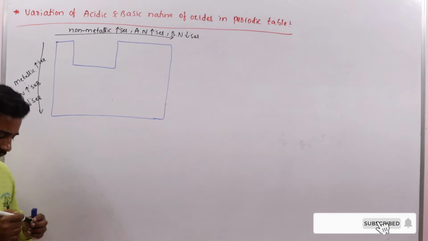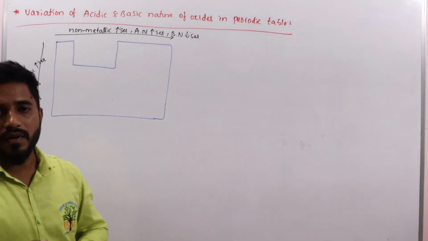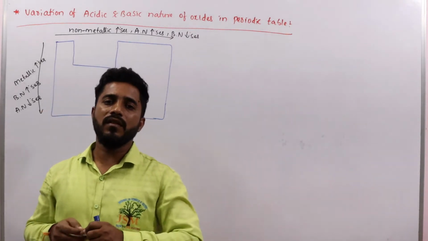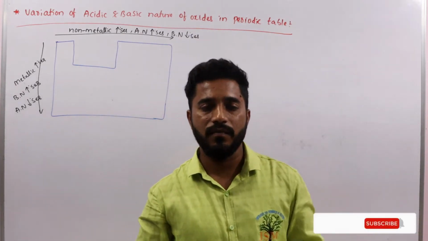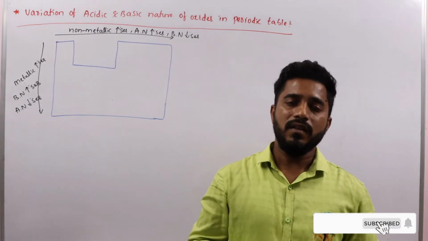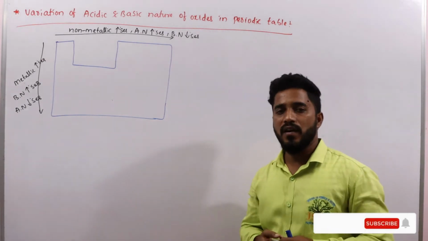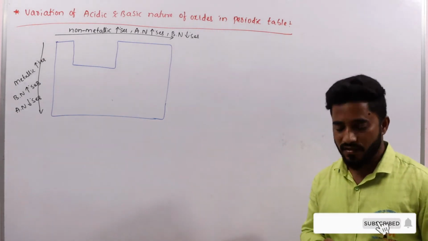Let us see how we can find out the answer when in exams they ask for increasing order and decreasing order. I want to explain that based on electronegativity and oxidation state.